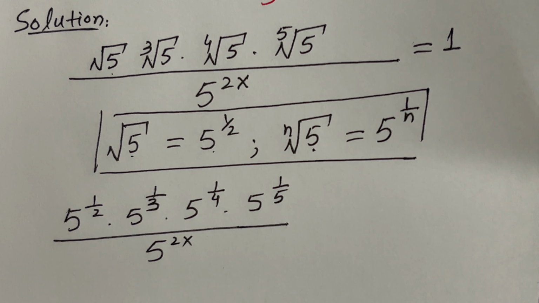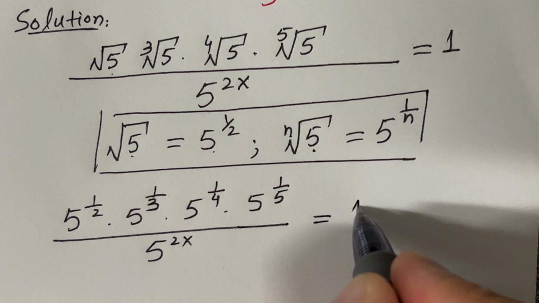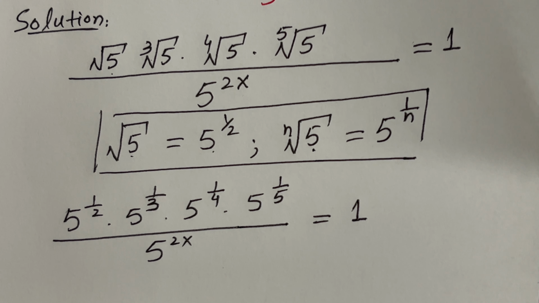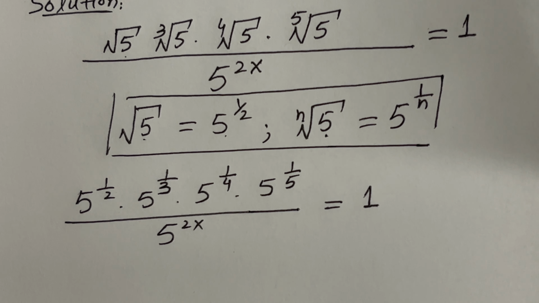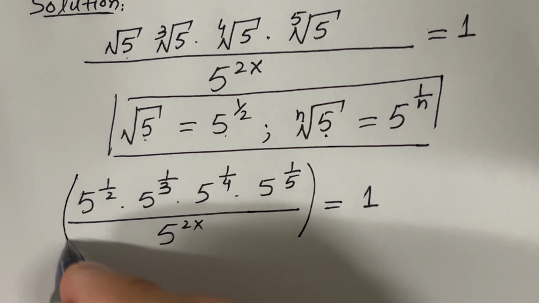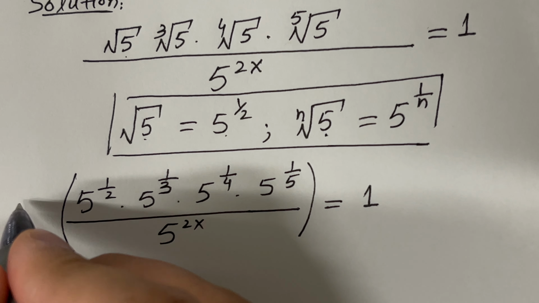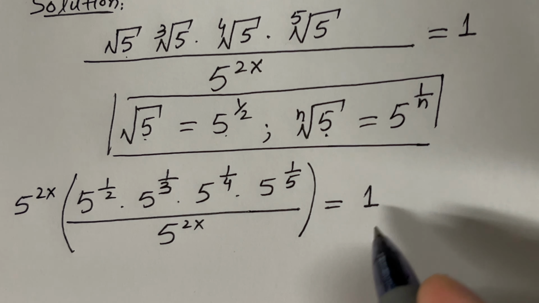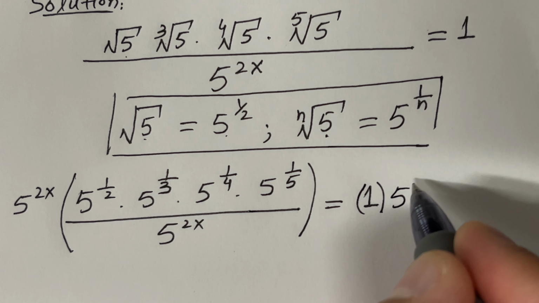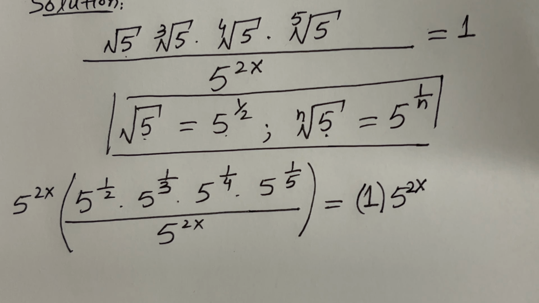We are using this fact, and on the right hand side we have just 1. Now we can get rid of 5 raised to the power 2x by multiplying both sides by 5 raised to the power 2x.